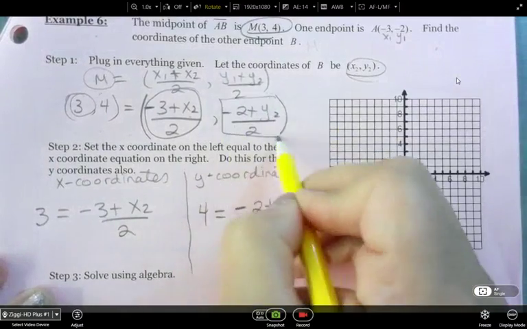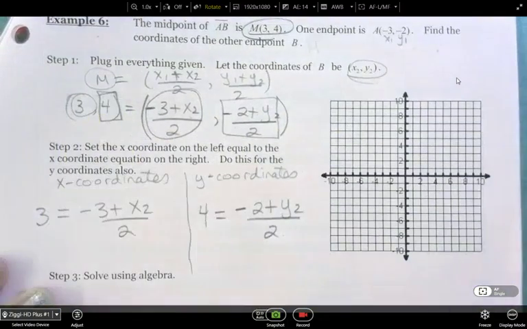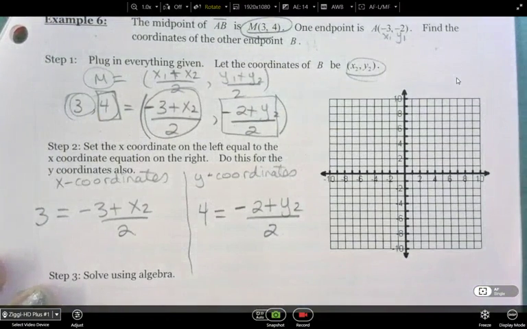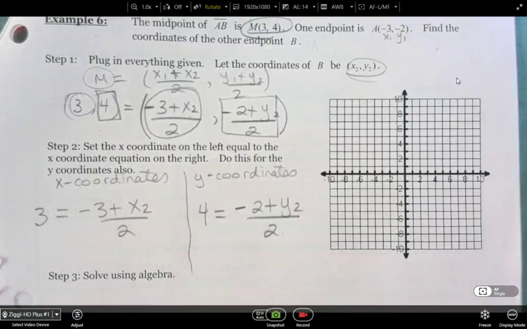So that comes from here and here. Okay? Now I have two equations: one equation for the x value and another equation for the y value. So now we're just going to use some algebra to solve them.